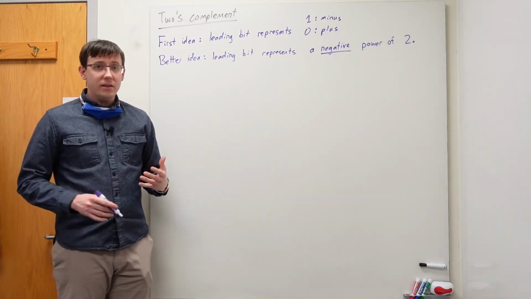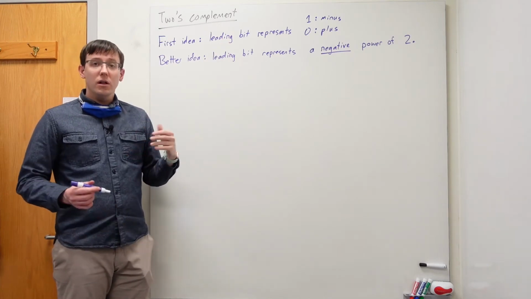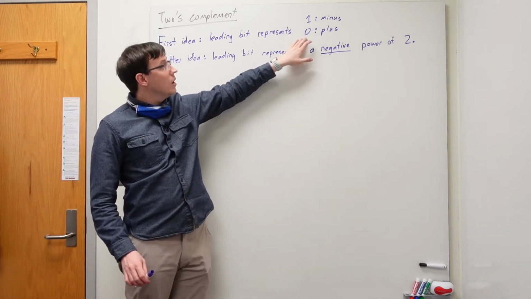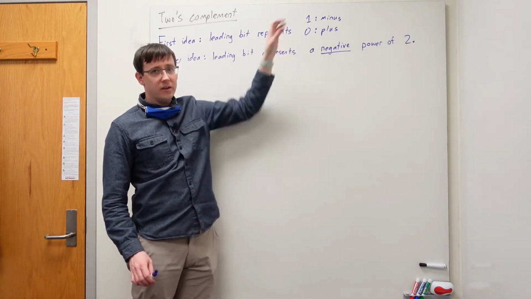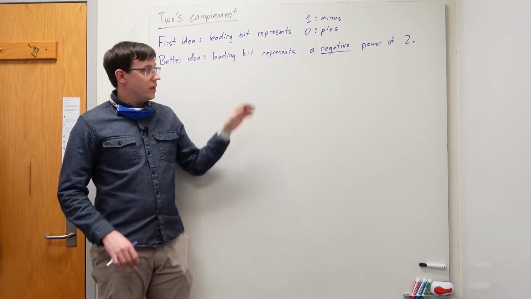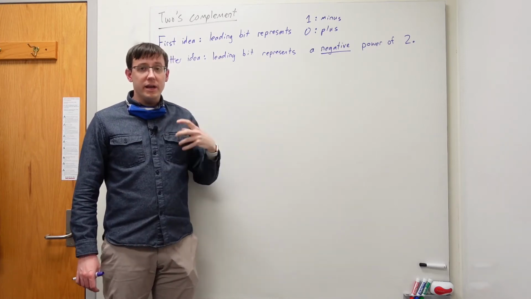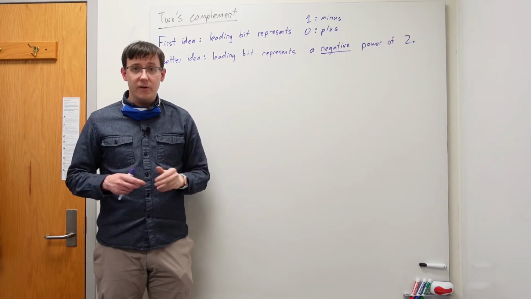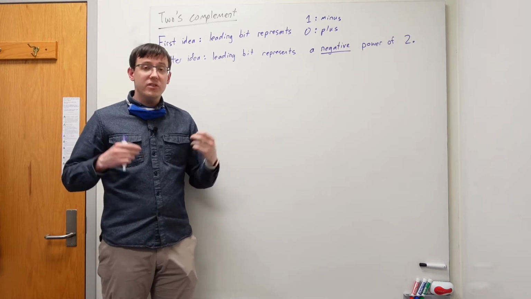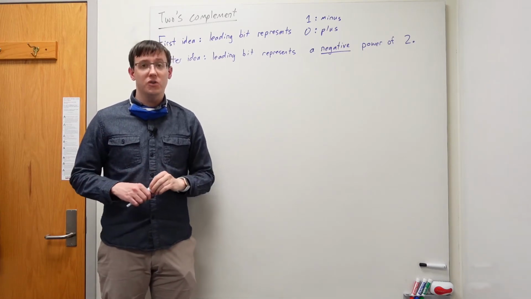So, why is this a better idea than signed magnitude? Well, for one thing, it avoids the problem of having a duplicate number where we would have both plus and minus 0 represented in our number system. But much more importantly, using every bit of our representation, that is, every column of the binary number, to represent some power of 2 makes implementing the circuitry that does arithmetic on those integers much, much simpler.